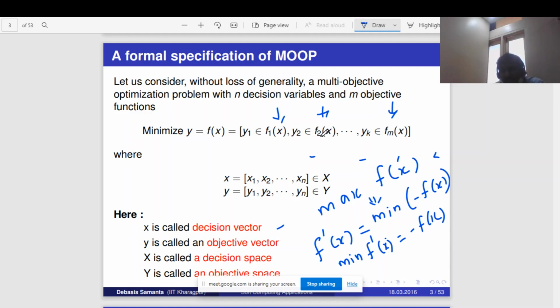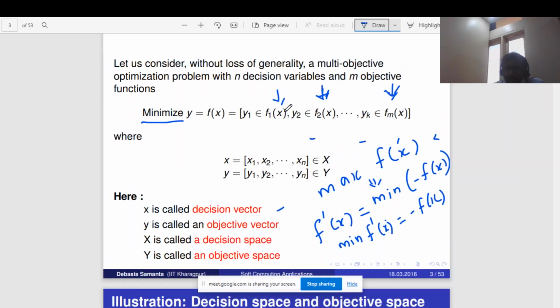If it is a maximization function, then what should we do? Multiply it by -1, so that it will be converted to minimization. Okay, so now all the problems we have converted to minimization problems, right? So that's what is happening here.